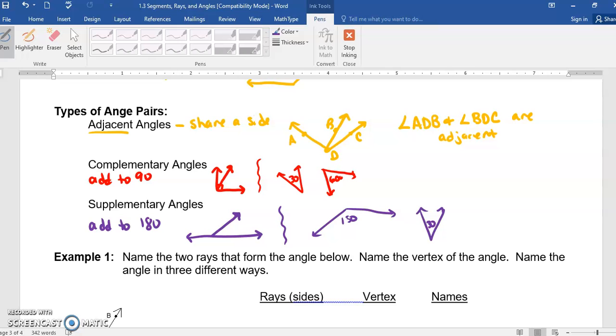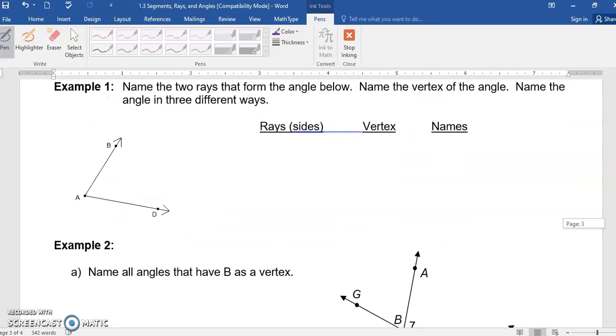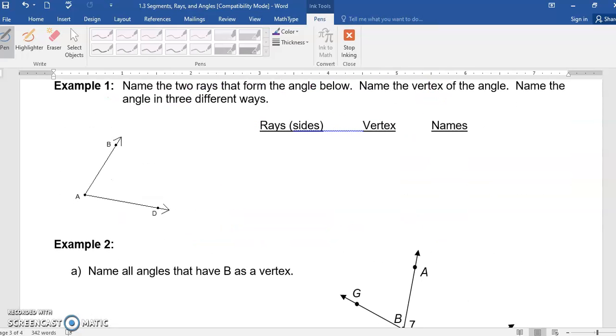So this is just reiterating some examples here. How do you name the two rays that form the angle? The rays have to start with the endpoint. A is the fixed endpoint, and AB. The vertex is the point in the corner.